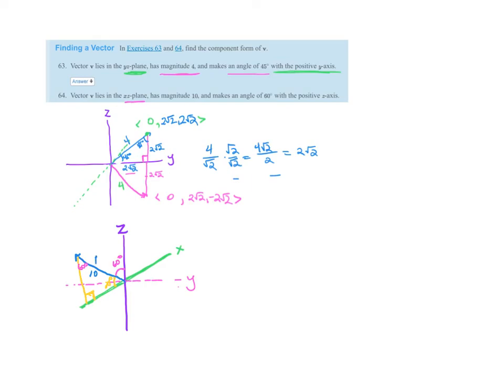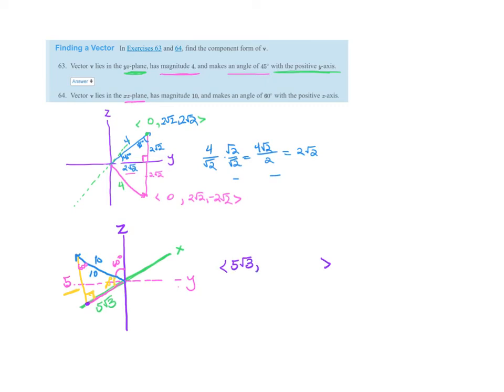So we know that this is 10 here, and then for the side across from 30 degrees, if you remember your special right triangles, what is this going to be? It's 10 divided by 2, which is 5. And then this leg here is going to be 5 square root of 3. So now we can identify one of the vectors, vector v. x is going to be this value here, 5 square root of 3.